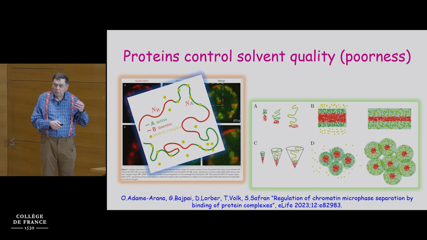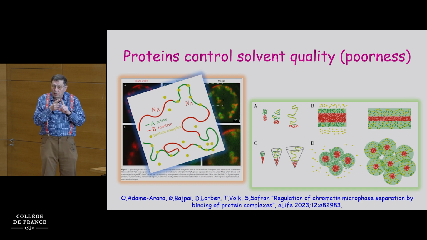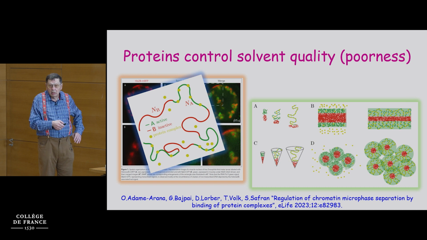But otherwise, how do you regulate the interaction? Their idea is that you can regulate the quality of solvent, regulate interaction between different units, in the following way. They imagine that in the solvent there is some protein complex, which is shown here by these yellow balls. And these yellow balls can attach only to the green blocks of your polymer.